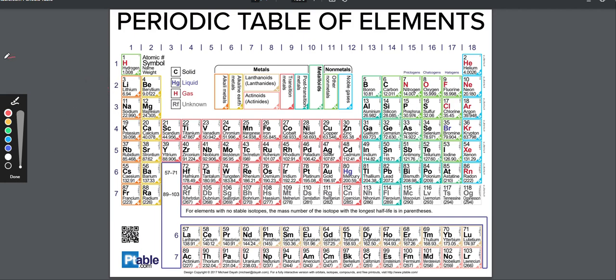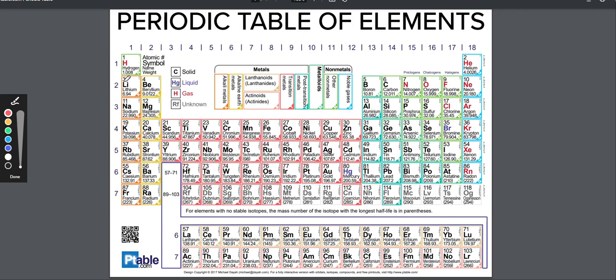The number of neutrons equals the atomic mass minus the number of protons. Or you can also say the atomic mass equals the number of protons plus the number of neutrons.